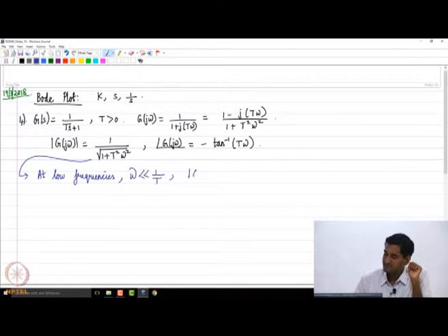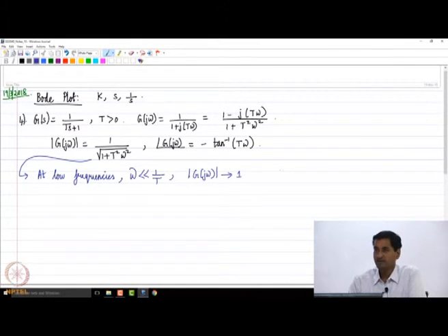We can immediately see that the magnitude of G of j omega is going to tend to 1. Why? Because when omega is less than 1 by T, T omega is very small compared to 1. Then what can you say about 1 plus T squared omega squared? If T omega is very small, T squared omega squared is going to be even smaller.